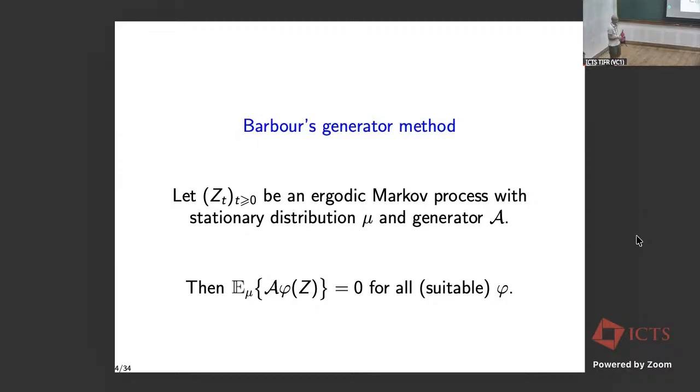And usually this is characterizing. That means this is 0 for all phi if and only if Z has distribution mu.